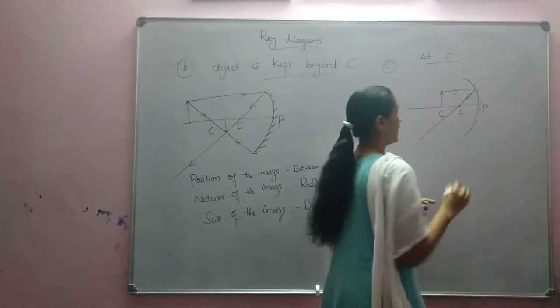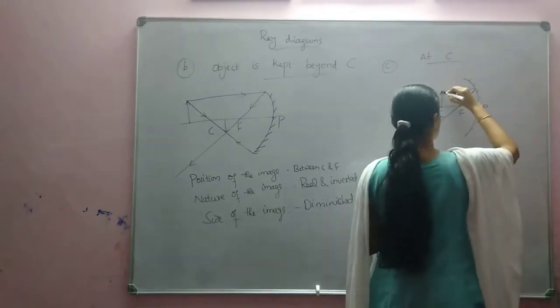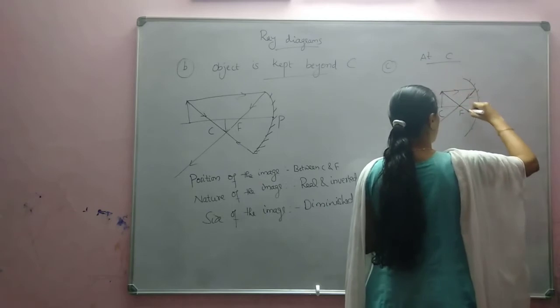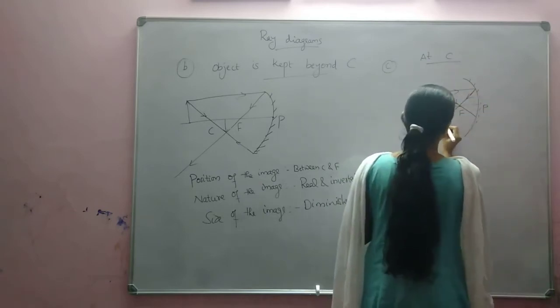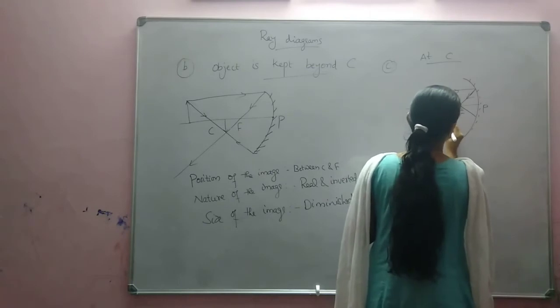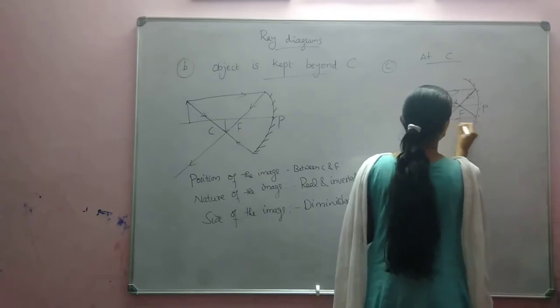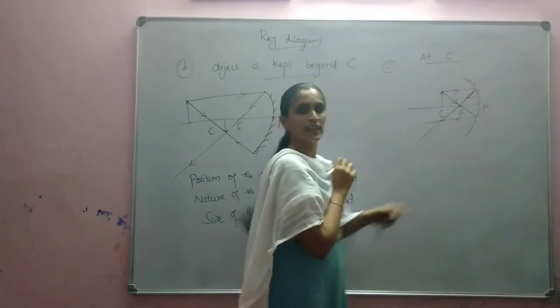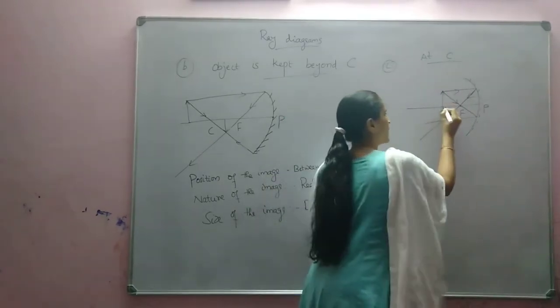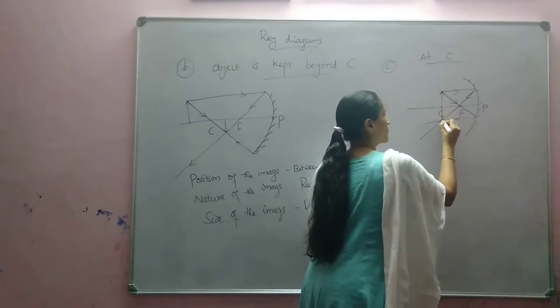And a ray entering through the focus, after reflection, will become parallel to the principal axis. So you can see that the image is formed exactly at C.